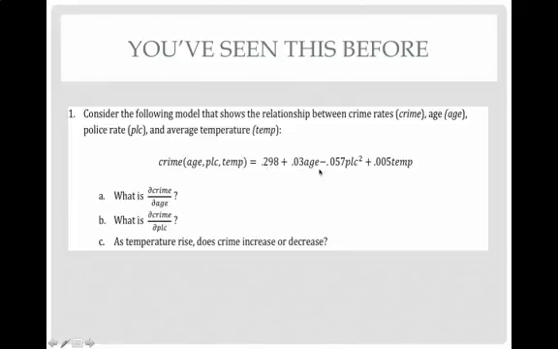Here's the betas for the different predictors or the different explanatory variables. And Christina asked you, what's the change in crime for a 1 unit change in age, and the answer was 0.03. And she asked you what's the change in crime for a 1 unit change in, it looks like the police rate squared, but anyway, it's the beta there. So you've seen this before.